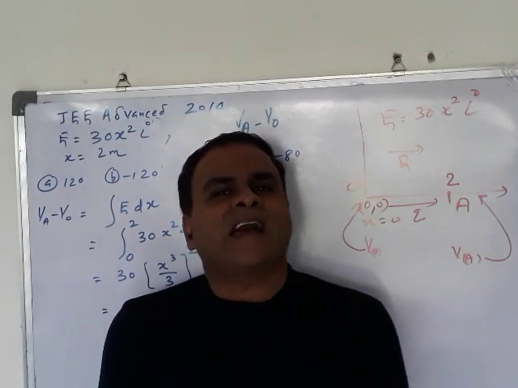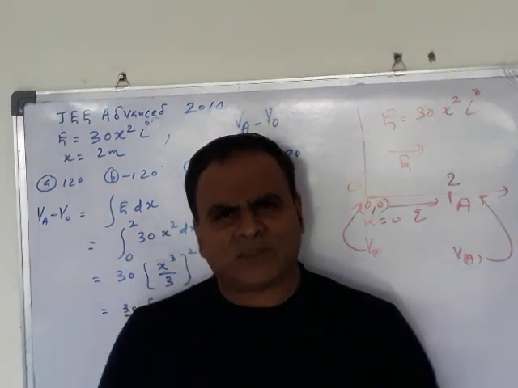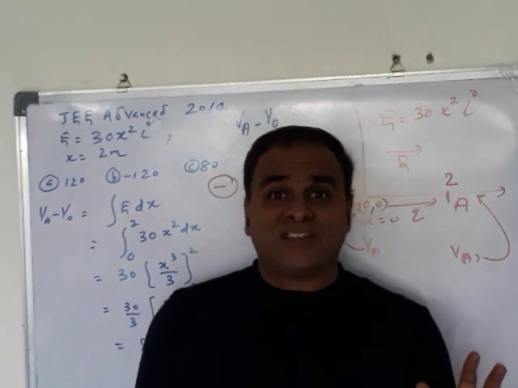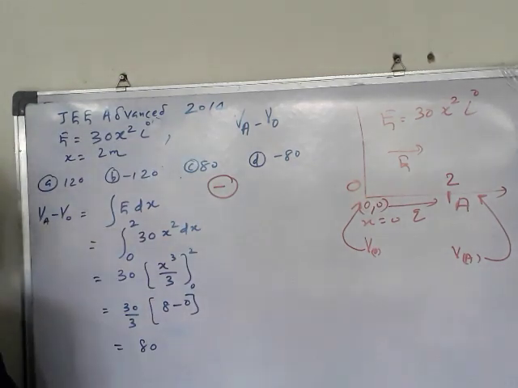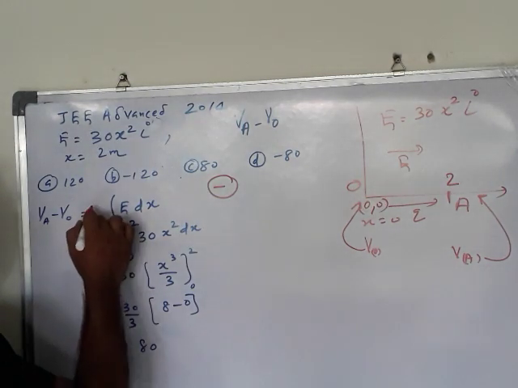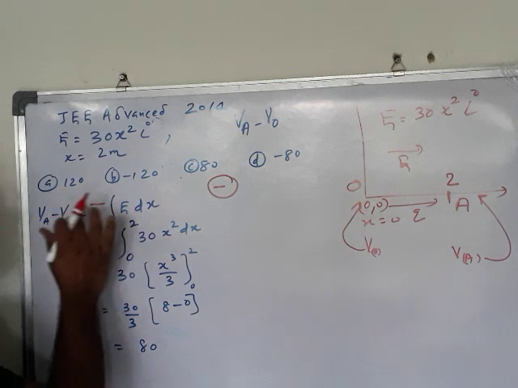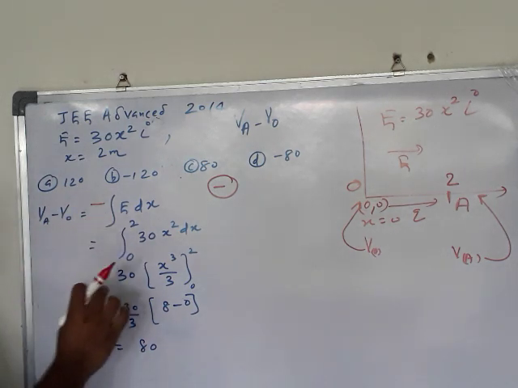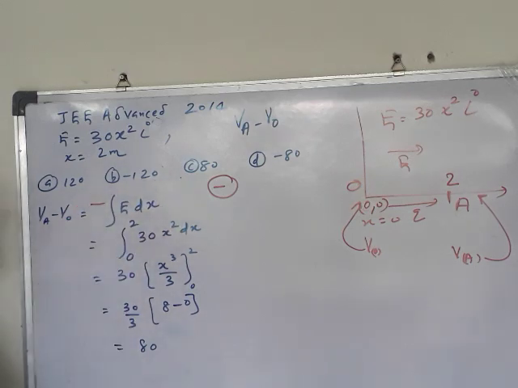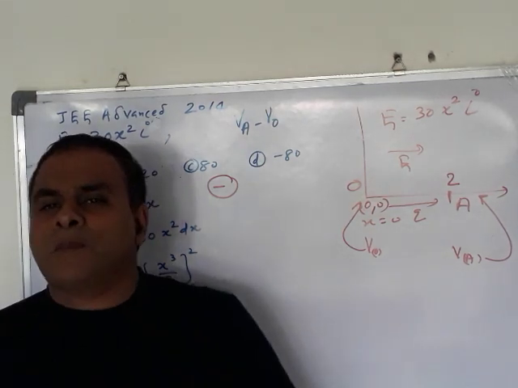The concepts we are using here. The first point is potential as the negative line integral of electric field. Here I haven't put the negative sign; I will explain that later. The potential difference is the negative line integral of electric field. It's very important.